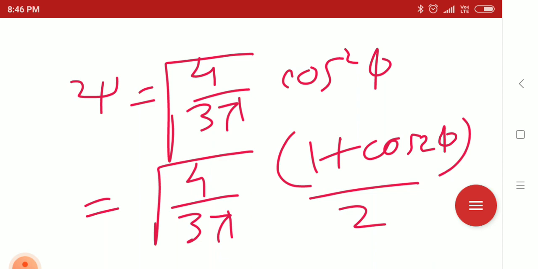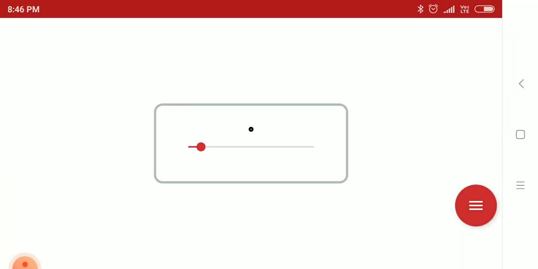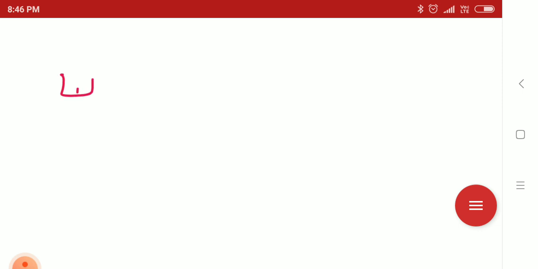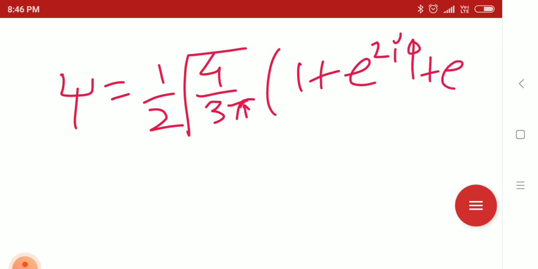So we can write psi equals half root 4 by 3 pi times (1 plus cos 2 phi), where cos 2 phi means e to the power 2 iota phi plus e to the power minus 2 iota phi, divided by 2.